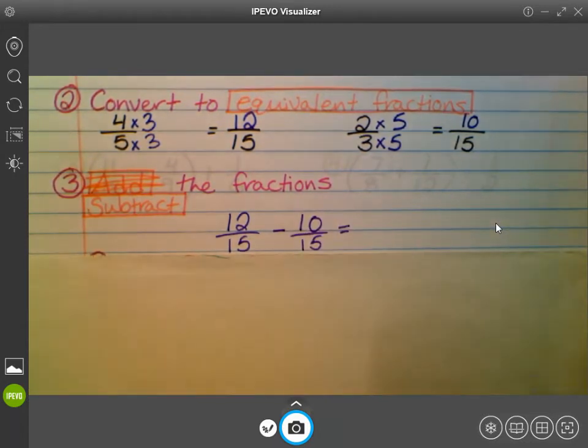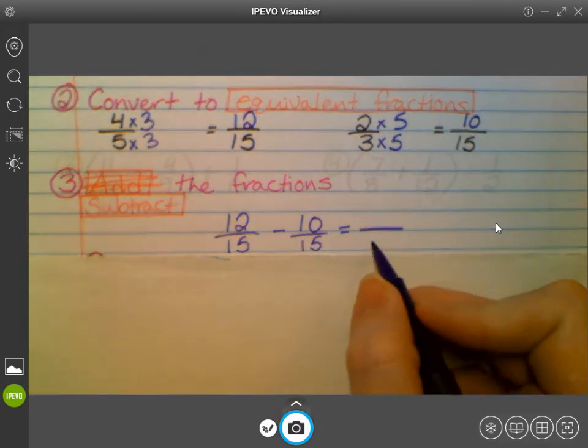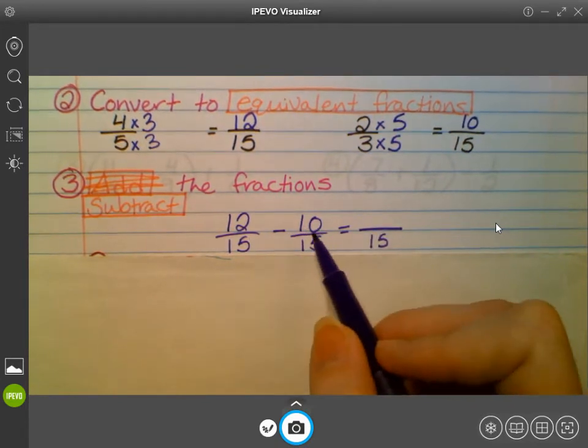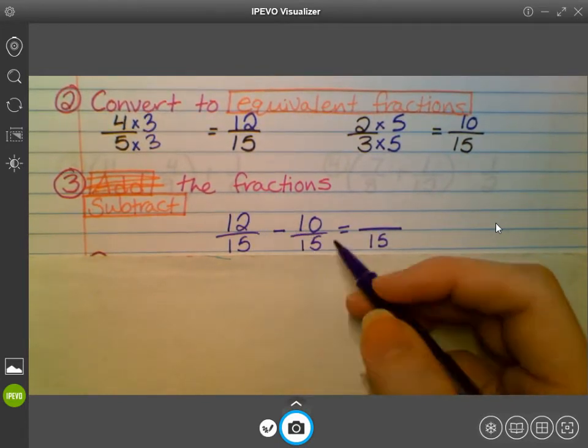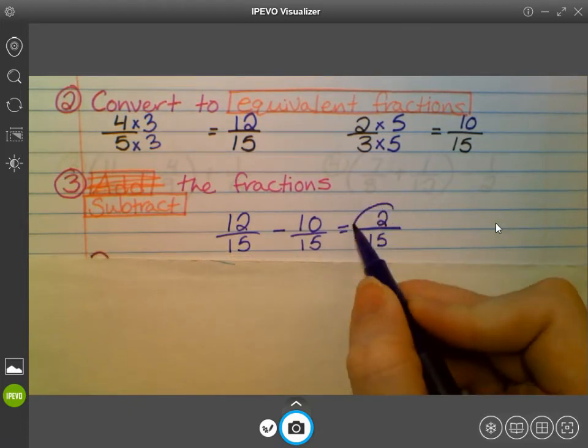Just like when we are adding fractions, our denominator stays the same. So we carry the 15 over into our answer, and we just subtract our numerator. So 12 minus 10 is what? 2. Thank you, Michael. 2 fifteenths.